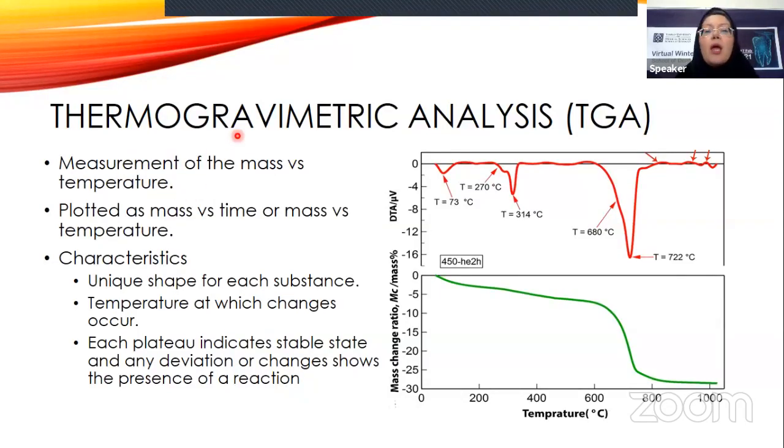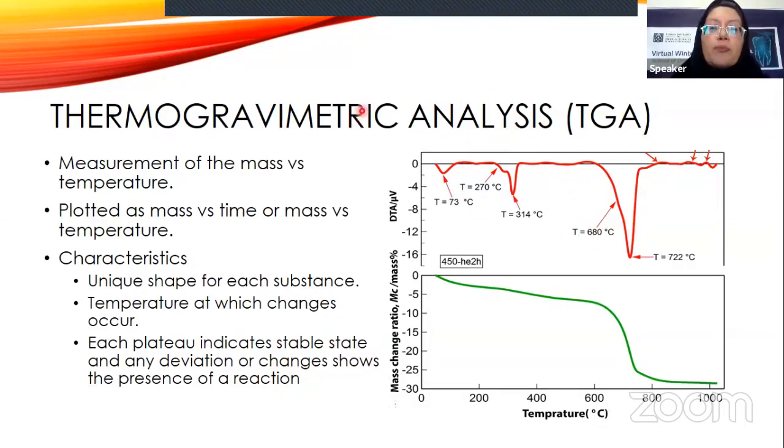For example, with increasing temperature, maybe some parts of a material burn or evaporate. Also, using the TGA, we can estimate which part of the material evaporates or which part of the material burns.